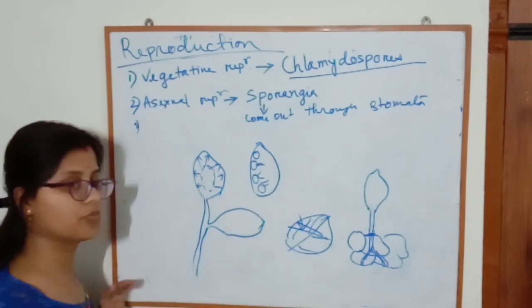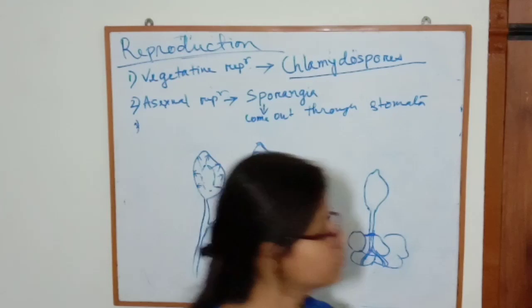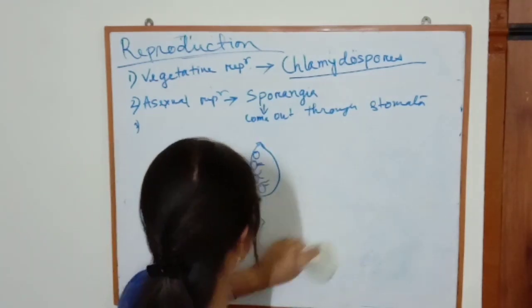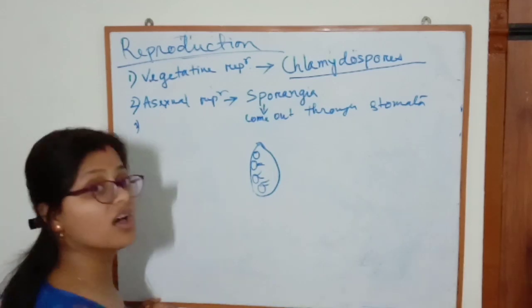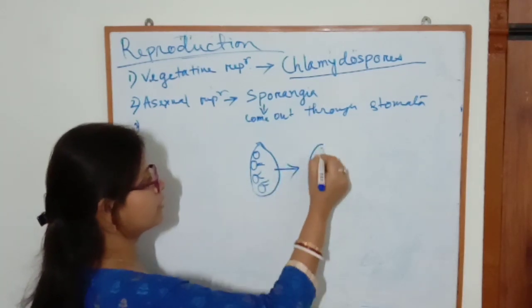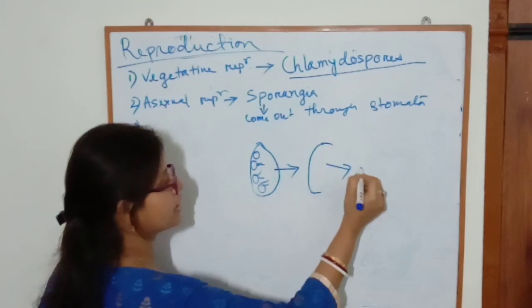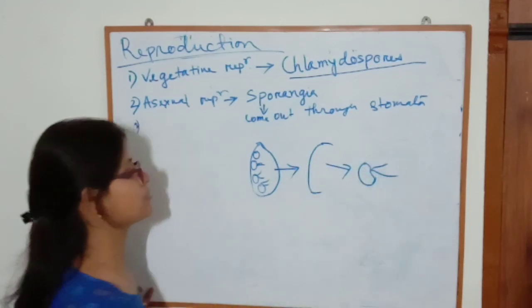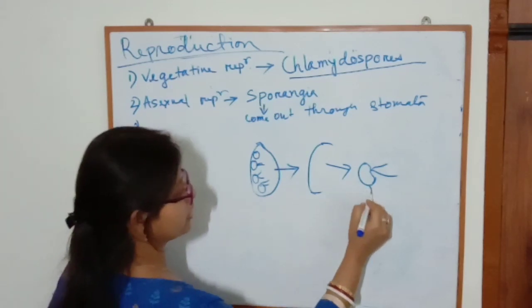That means the spores are zoospores. When zoospores are formed, the sporangia break down and the zoospores come out.